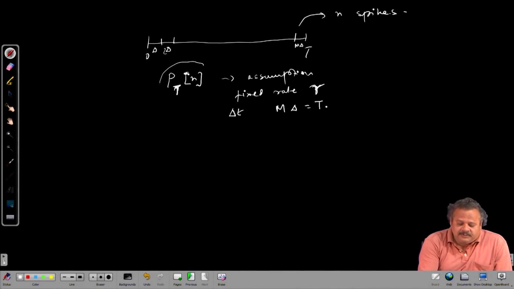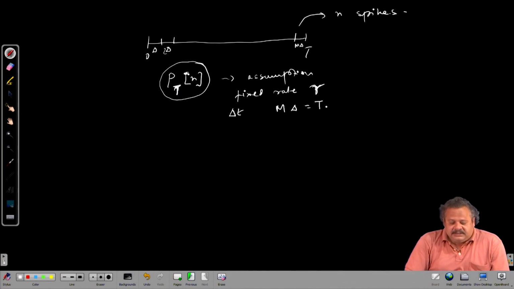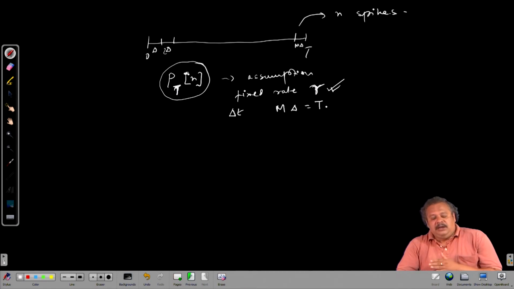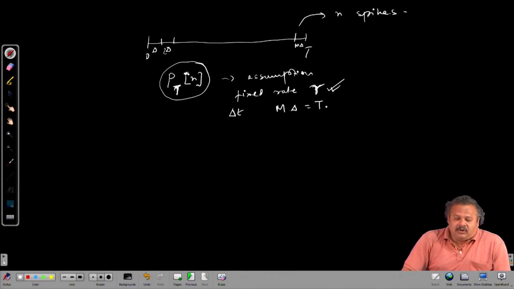So, the probability of observing n spikes in this window capital T can be obtained in this manner: we have a fixed rate capital R, and the events or spikes occurring in each of these time windows are independent of each other. That is, whether there is a spike in the previous or adjacent time windows does not influence the spiking in that particular window or in other windows.